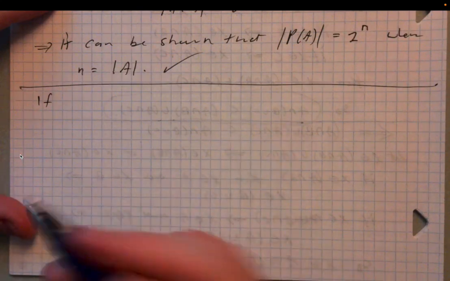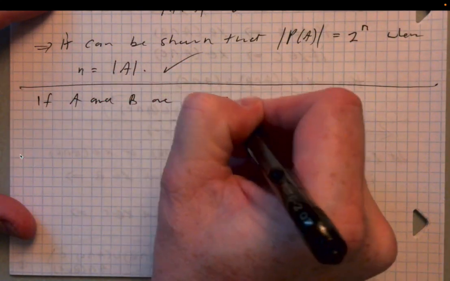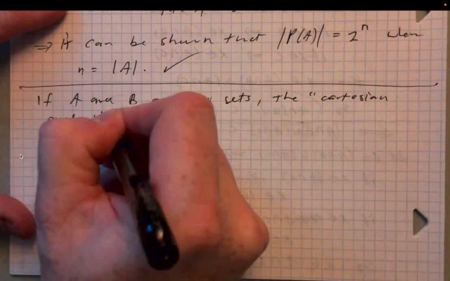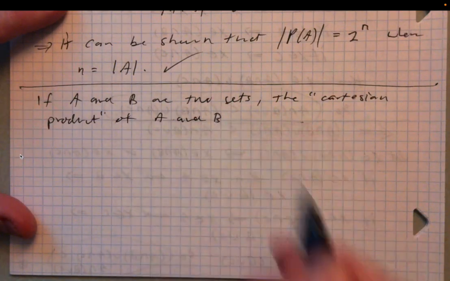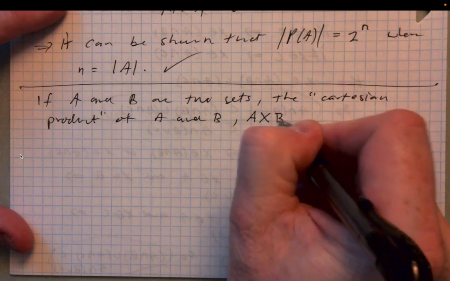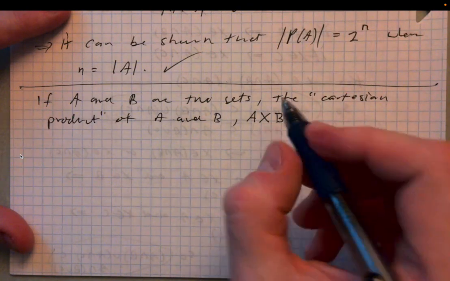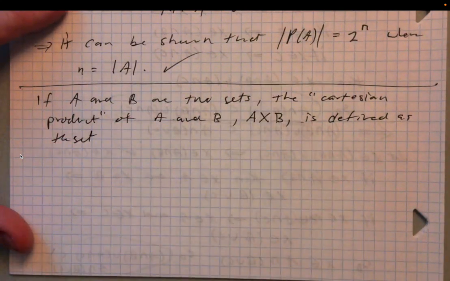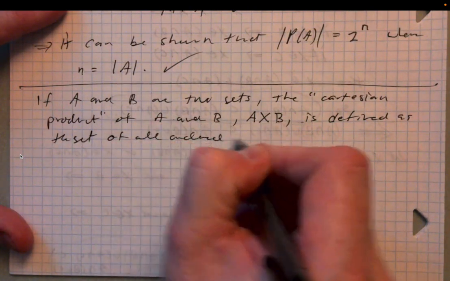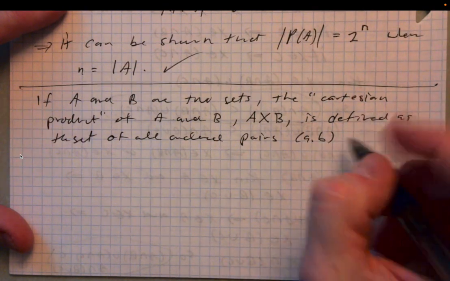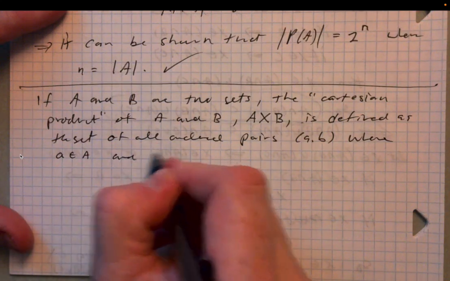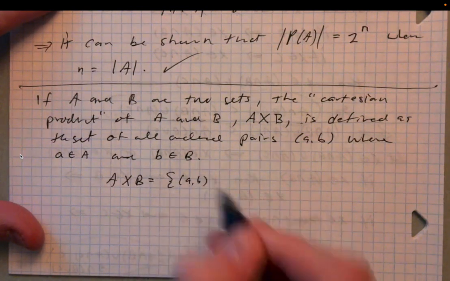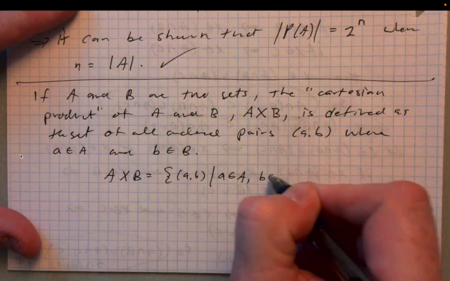Okay, so if A and B are 2 sets, the Cartesian product of A and B, and we denote it by A cross B, is defined as the set of all ordered pairs (a, b), where a is from the set A and b is from the set B. Okay, so in symbols we would write A cross B equals the set of all ordered pairs (a, b) such that a is in A, b is in B.